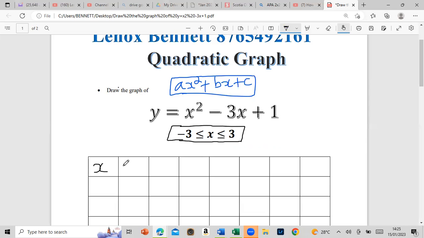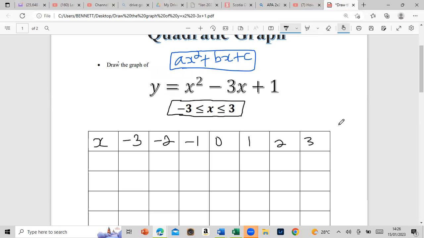The graph is going to run from -3 to +3, and we should include 0, which is the y-intercept, or where the graph cuts the y-axis. That's the first thing. We set up our x values, and now we're going to write the equation.